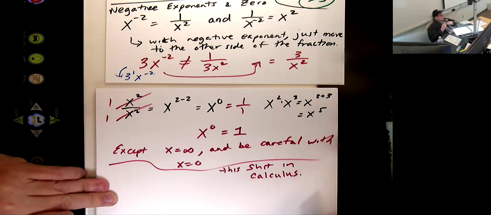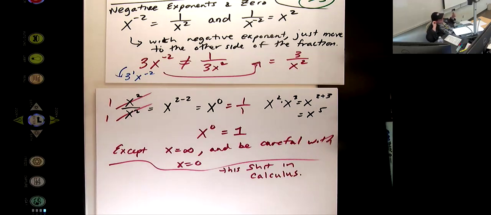It's called the indeterminate form: 0 to the 0 or infinity to the 0. I know. That's 2 semesters away, and it's actually not that hard. It's just something if you've never seen it before, it looks mind blowing.